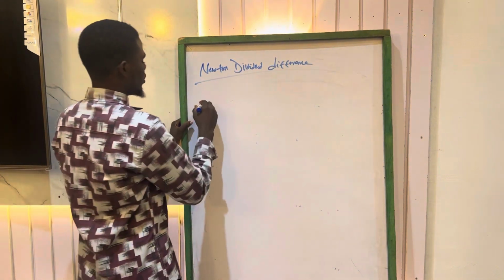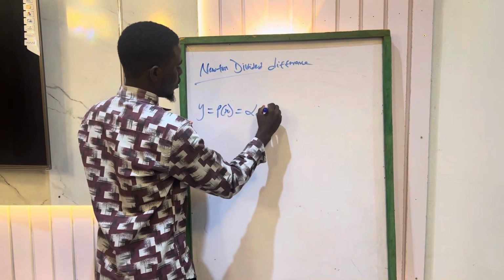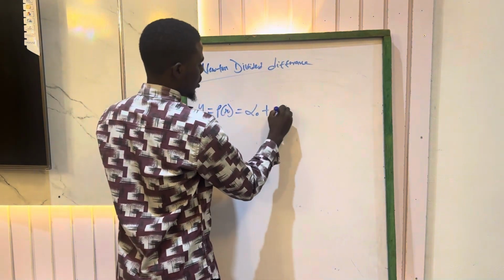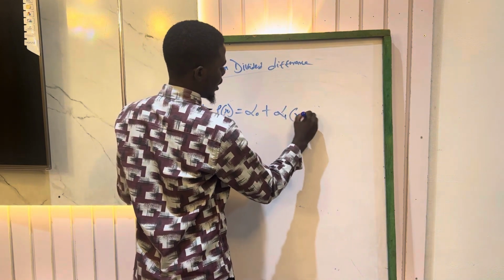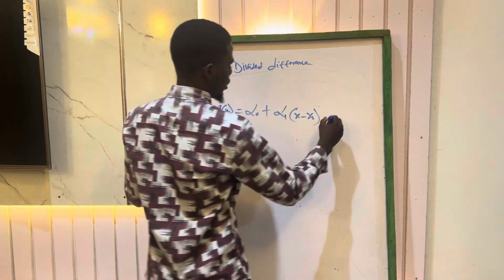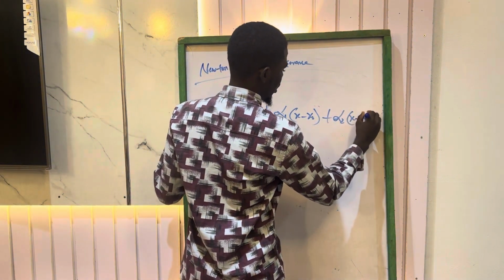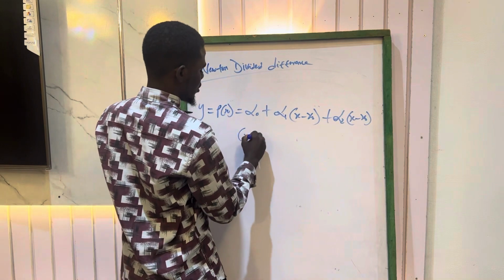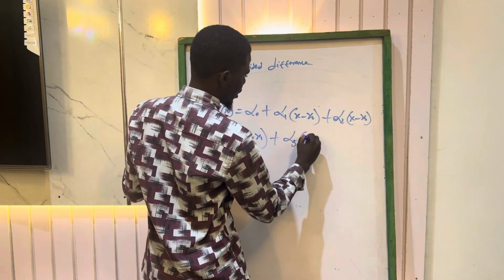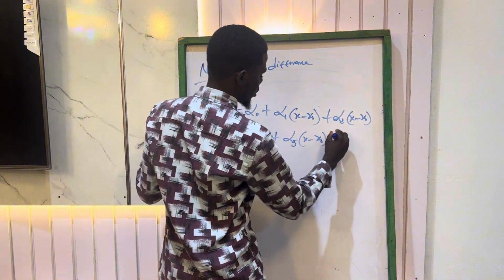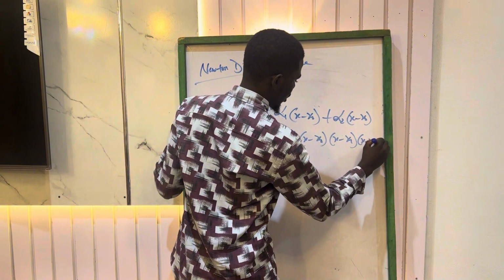The equation that we assume is y equals p of x, equals alpha naught plus alpha 1 into bracket x minus x naught, plus alpha 2 into bracket x minus x naught, x minus x1, plus alpha 3 into bracket x minus x naught, x minus x1, x minus x2.